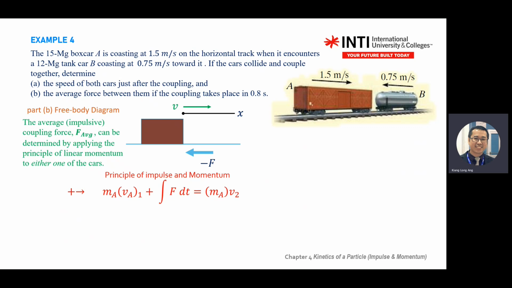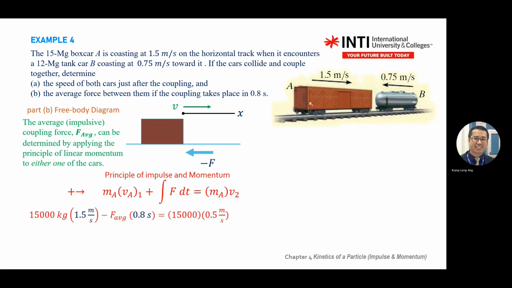Then you have the impulse here. It's a bit different from the previous section. In that section, you cancel because you look at the big picture. You look at the big picture, it is coupled, it cancels. If not coupled, then it cannot cancel. So this one, you look at one body. So MV1, MV2, you substitute, you get your F average, which is the F value.